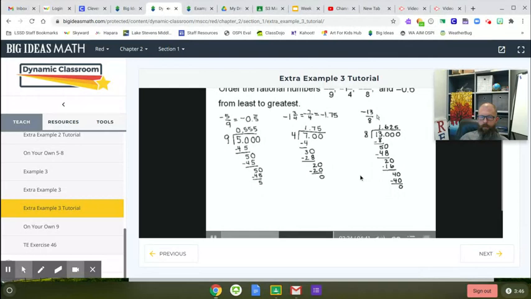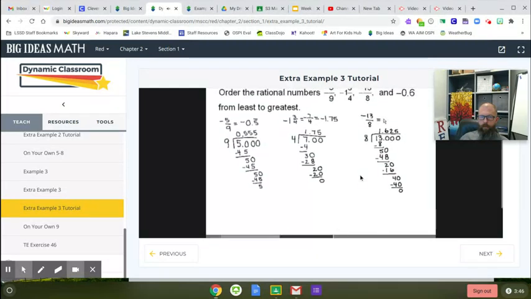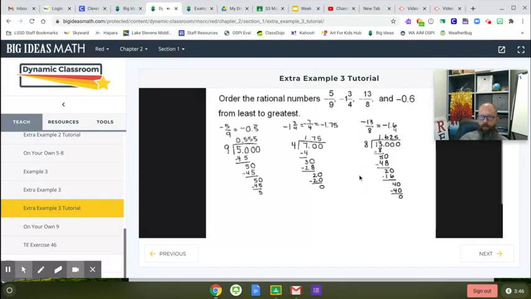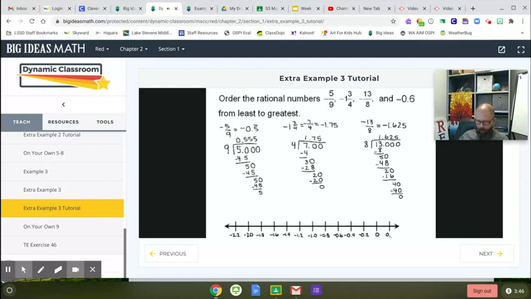Now we can order these rational numbers from least to greatest. To do this, let's use a number line. After you label the number line, we can start putting our rational numbers on the number line. So let's start with negative 5 ninths. Negative 5 ninths is negative 0.5 repeating.